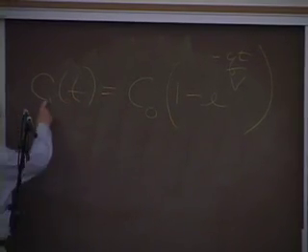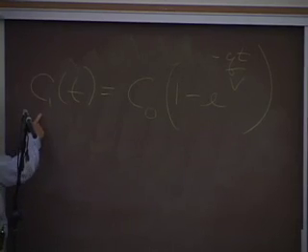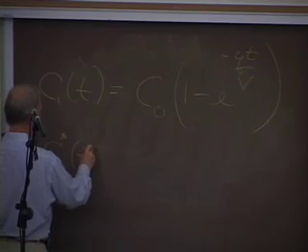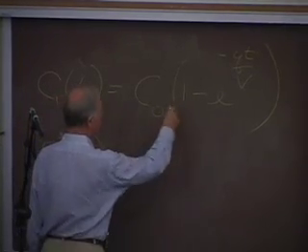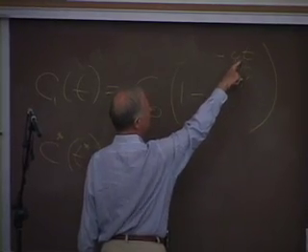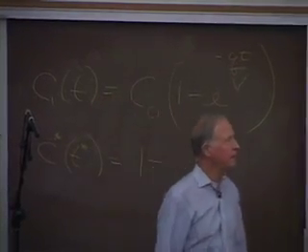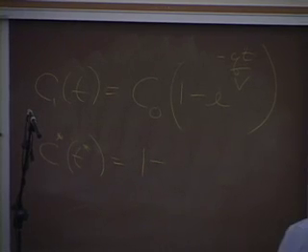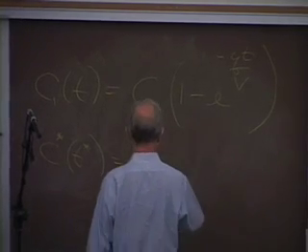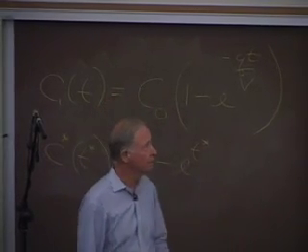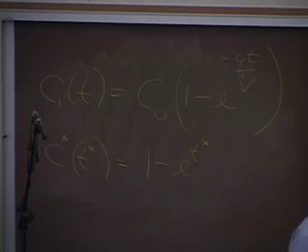So do you see that if I take C0 and divide it over here, I get C star is equal to 1 minus, and what is this Q over V? When I divide Q over V into t, I get t star, right? So this is 1 minus e to the minus t star, which is what I have right here.